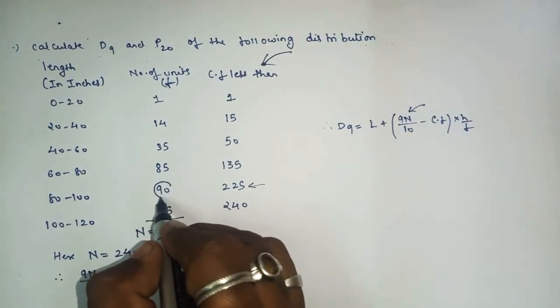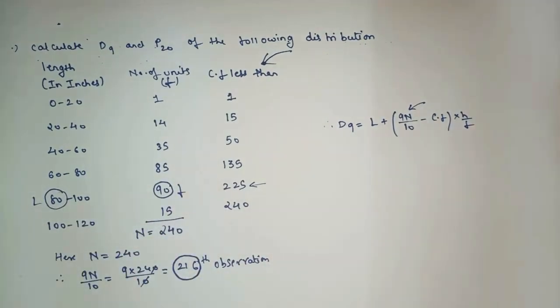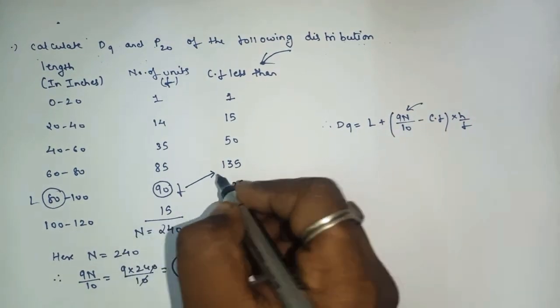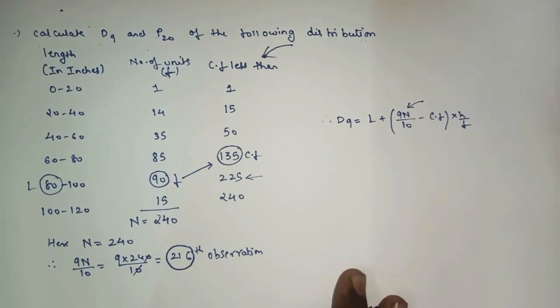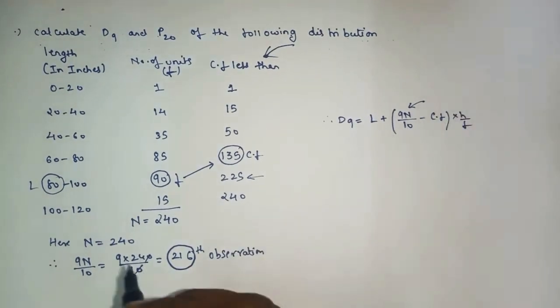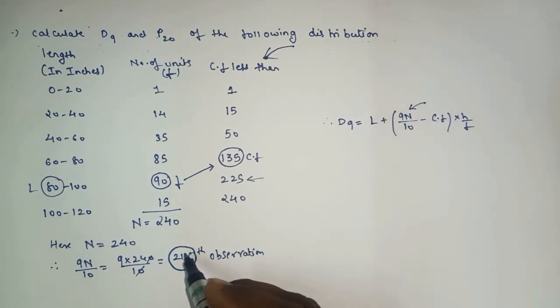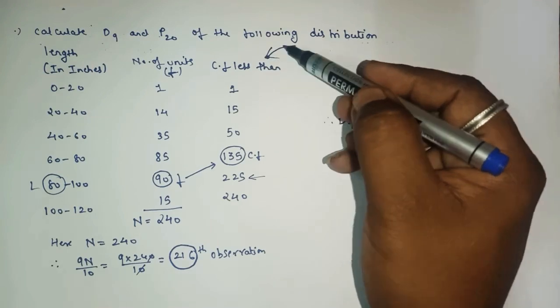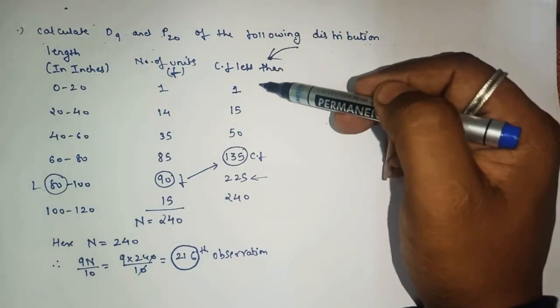This will be your frequency, this will be your L. Here in the cross, this will be Cf. Simply take this part, substitute the value of n, you will get the value, take this value, check this 216 in cumulative frequency, where it lies.